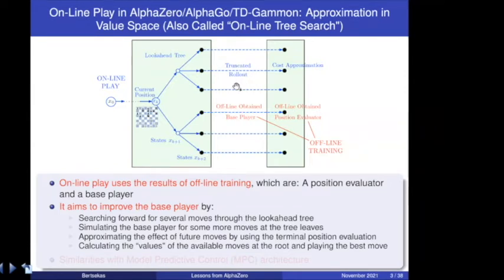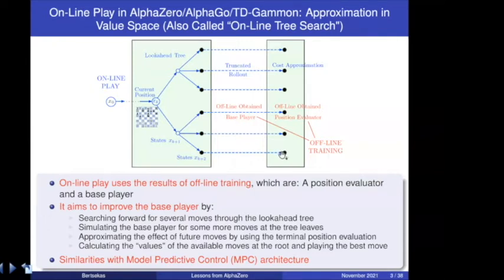There are also similarities with model predictive control. Model predictive control structures are remarkably similar to this structure and to the AlphaZero structure. There is an initial look-ahead portion where minimization takes place. This is called the control interval. And then there is sometimes a rollout portion, which is called the prediction interval.